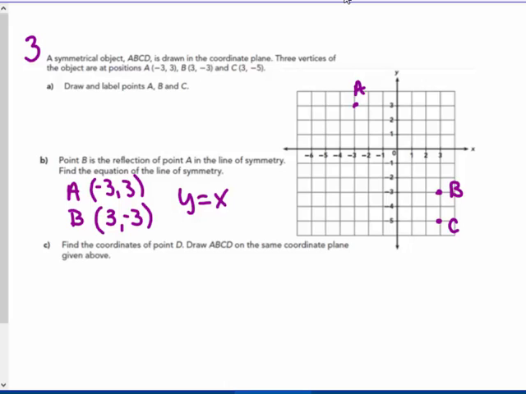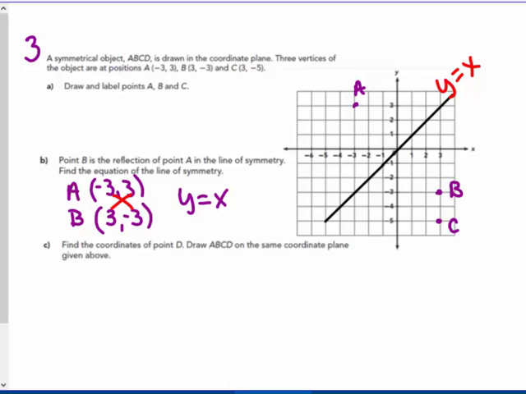I'm going to use my line tool here. Y equals x. So that is this line here, y equals x. Right? The y equals the x and the x equals the y. That makes sense to me. So there, A was reflected over y equals x to become B.